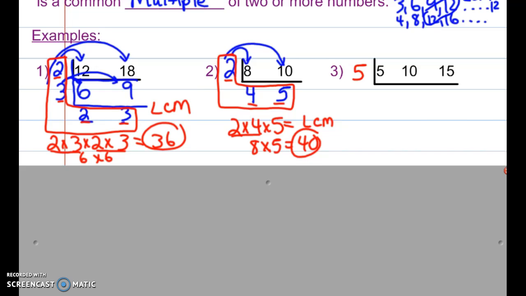Pause your video and finish that ladder. You should have said that 5 goes into 5 1 time, 5 goes into 10 2 times, and 5 goes into 15 3 times. And we would be finished with the ladder because the number 1 is the only number that divides evenly into all three, 1, 2, and 3.